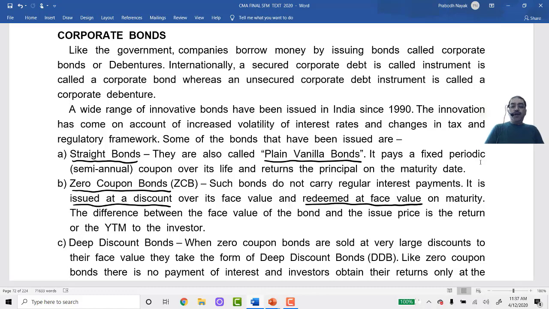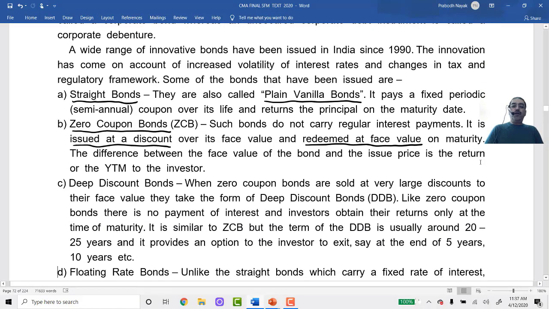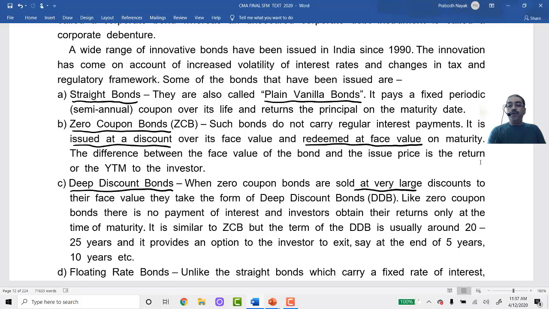Okay. Then we have something called deep discount bonds. It is nothing but another form of zero coupon bonds. When the discounts are huge, deep, that is why they are called deep discount bonds. They are sold at very large discounts, right? Like zero coupon bonds, they don't have any interest paid on a regular basis.